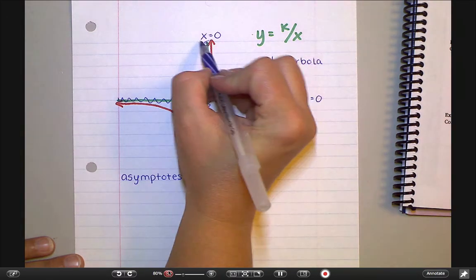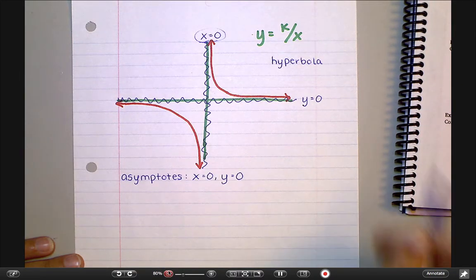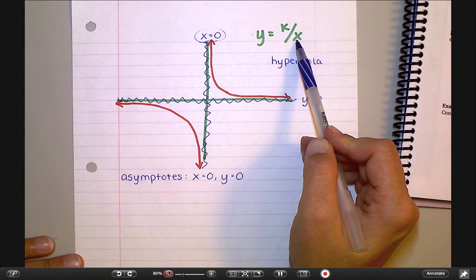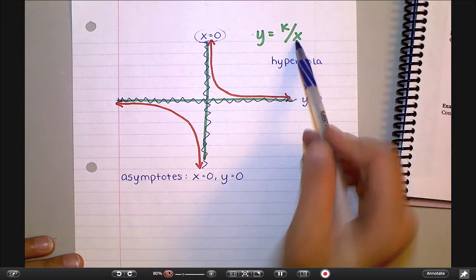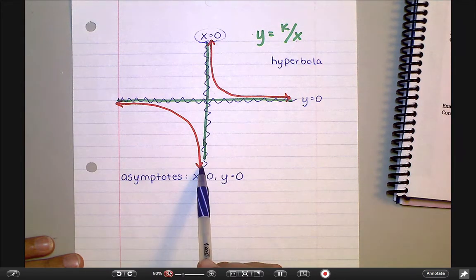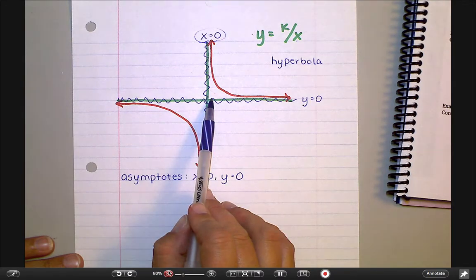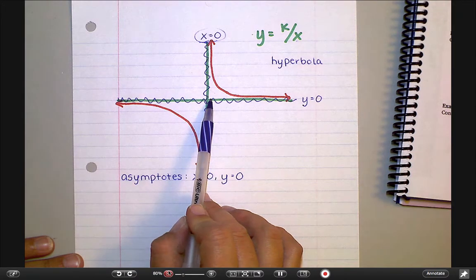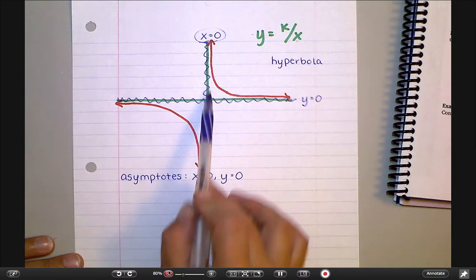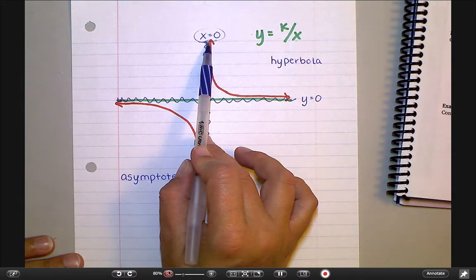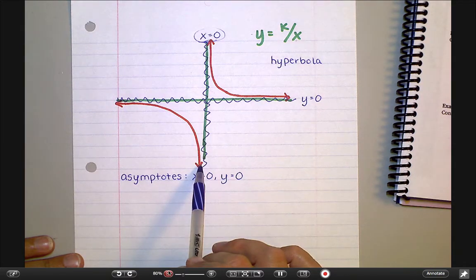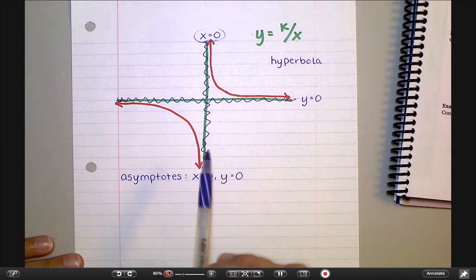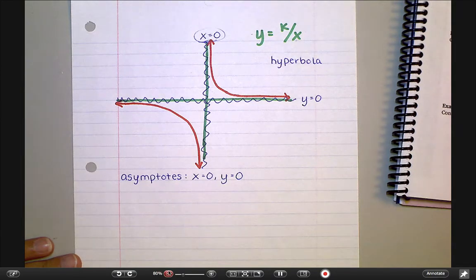The reason for this asymptote is because we can't ever plug a 0 in for x. We can't ever let x be 0, and so we get this gap in our graph. We can plug in things very close to 0, like 0.0001, and we're going to get something pretty tiny, or we can plug in a negative 0.0001, but I can never plug in 0 itself.